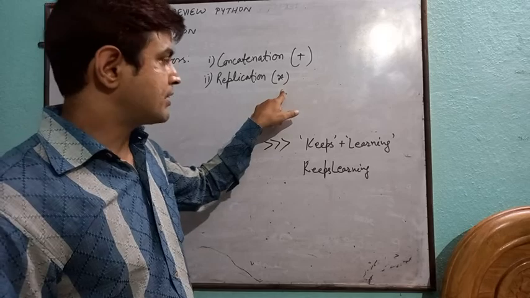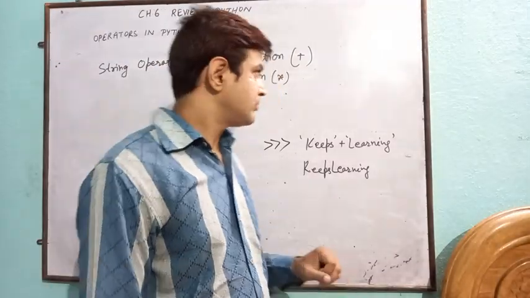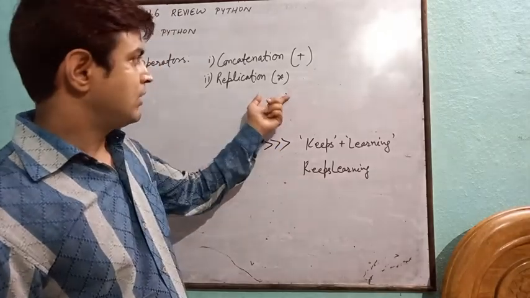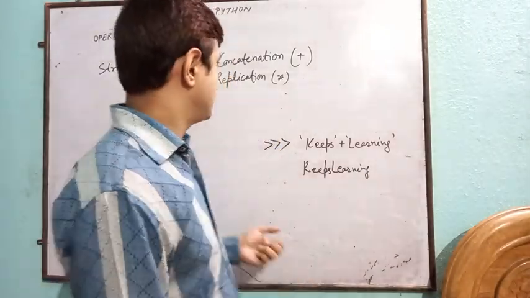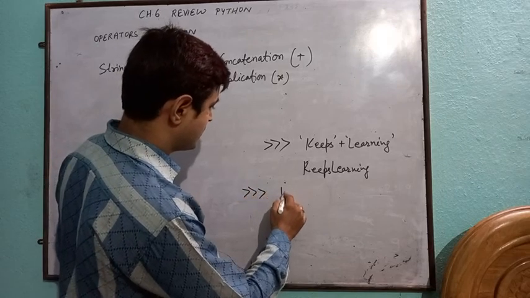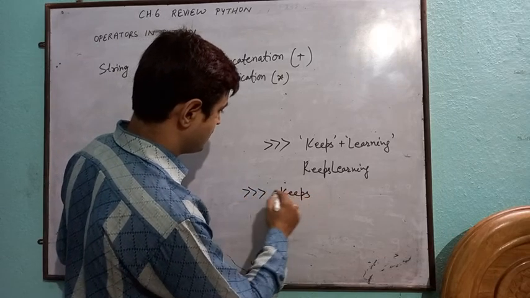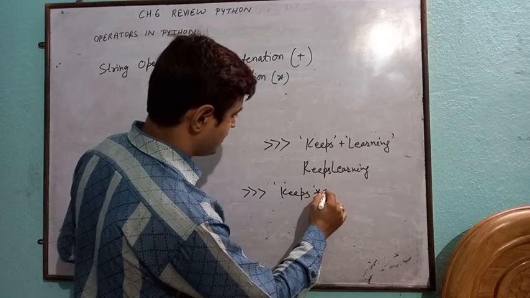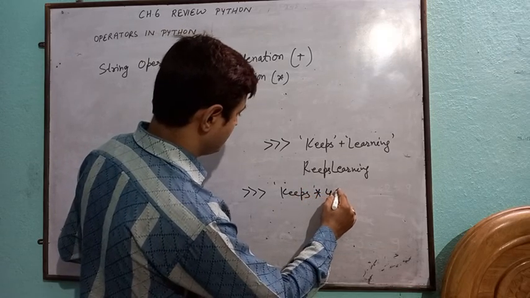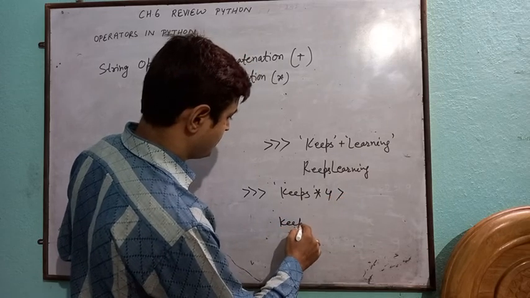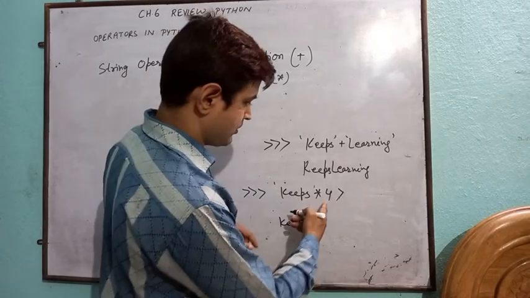The replication operator, that is the star operator, is used to write the same string multiple times as indicated. For example, suppose we write the code like this: keeps star 4. As you press the enter key, it will print keeps 4 times.